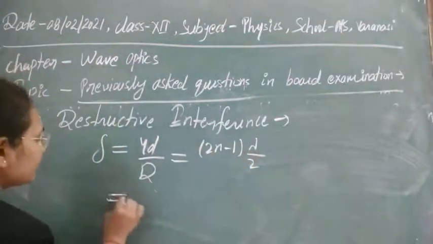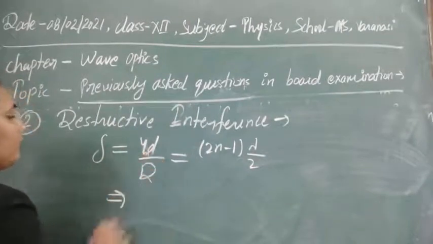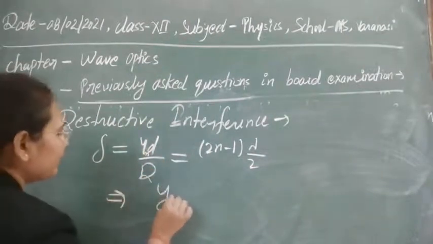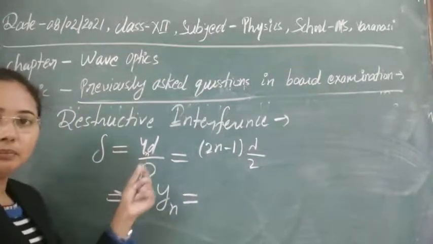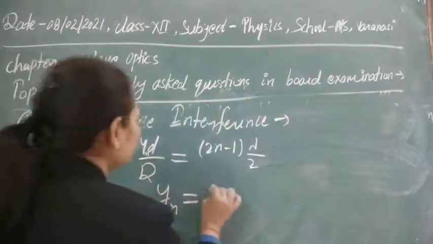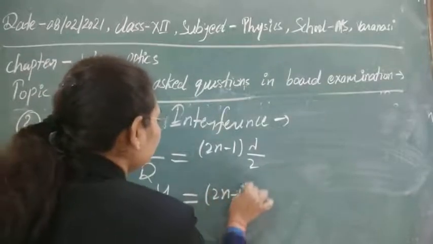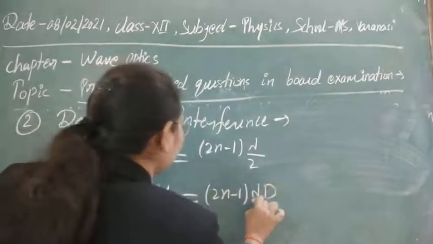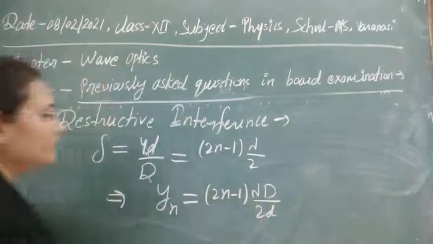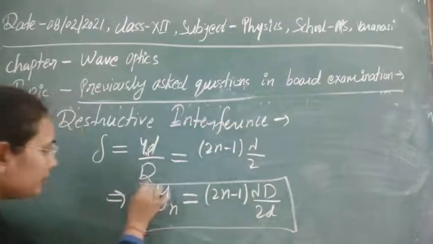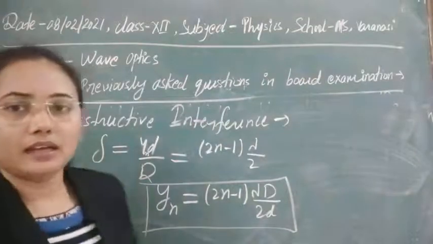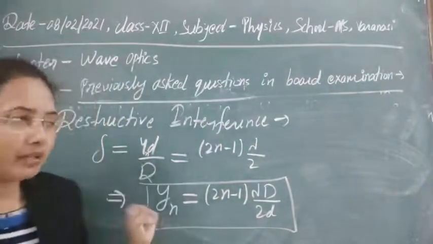In this case, if you take the nth order fringe, then yn, the distance of the nth order fringe from the central bright fringe, is equal to (2n minus 1) lambda D upon 2d. This is the condition for minimum intensity in Young's double slit experiment.